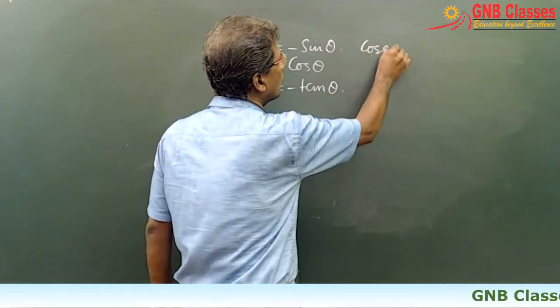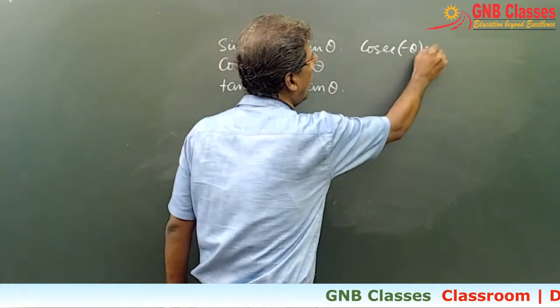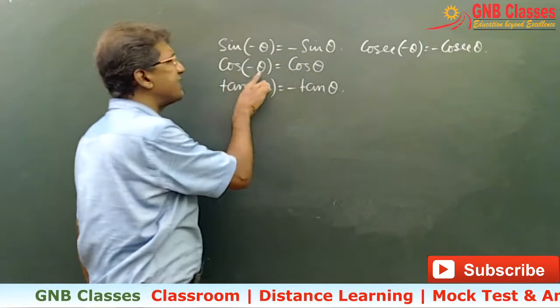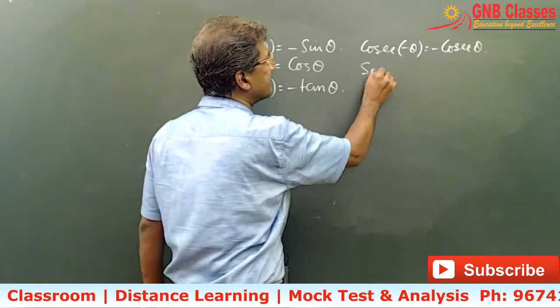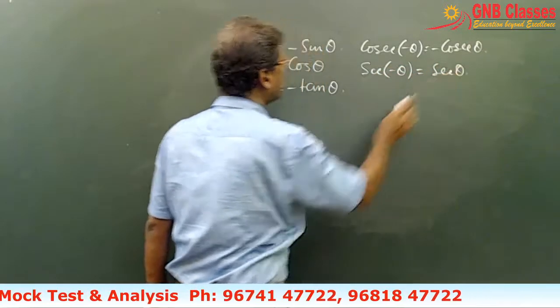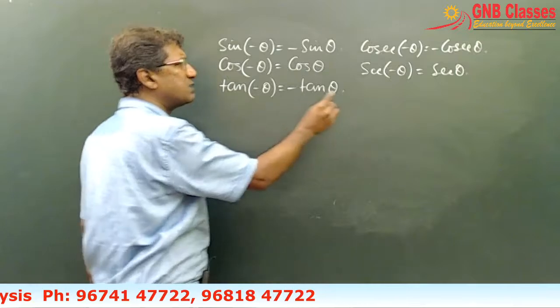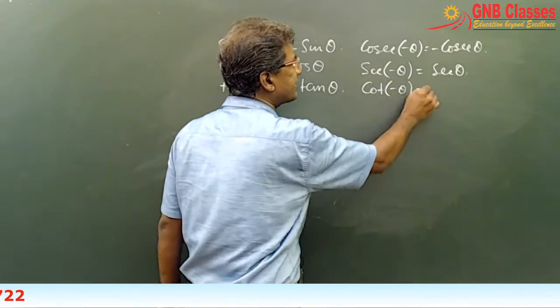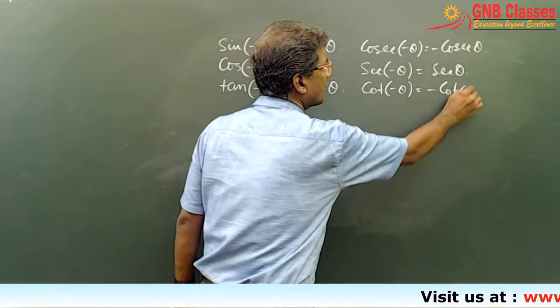It means cosec of minus theta is also minus cosec theta. Cos of minus theta is cos theta. That implies sec of minus theta is sec theta. Tan of minus theta is minus tan theta, implies cot of minus theta is minus cot theta.